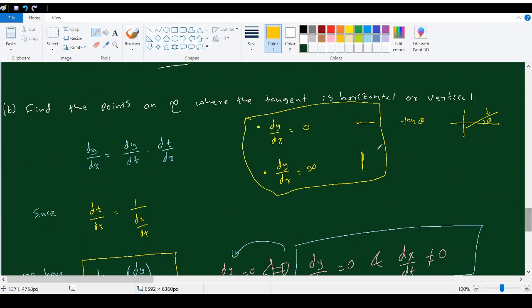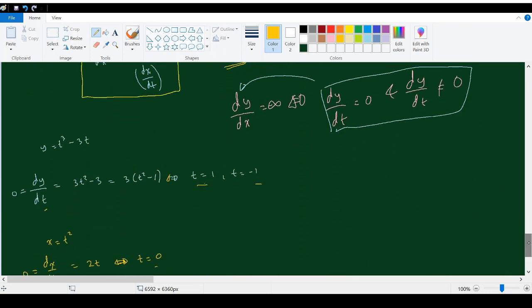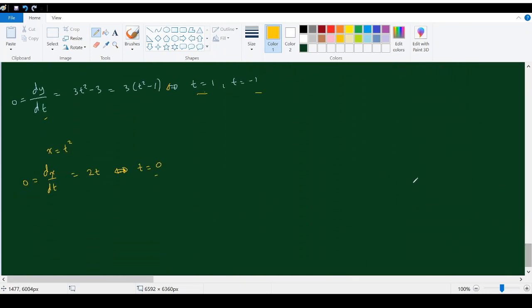That means the curve will have a horizontal tangent at both these 2 points, right? So at both t equals 1 and t equals negative 1, the curve has a horizontal tangent, right?